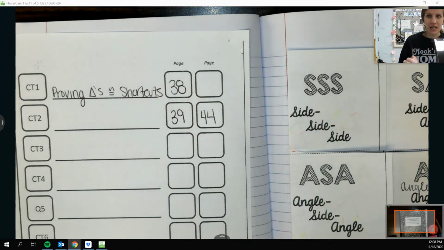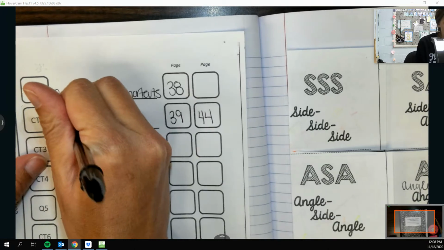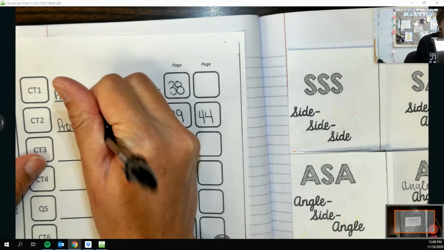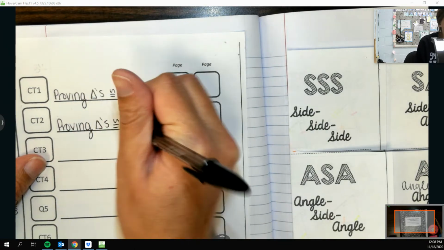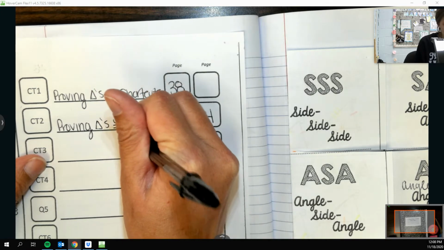So I'm just going to label this proving triangles congruent, hints, and practice.